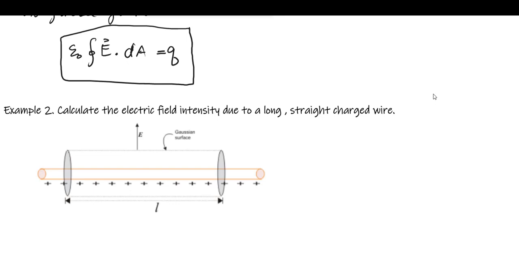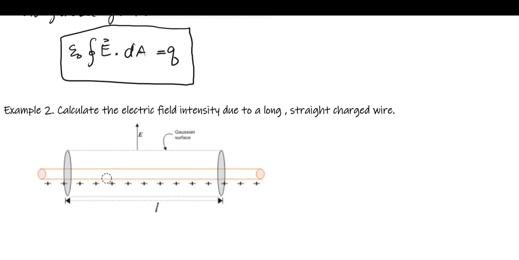For our example number 2, calculate the electric field intensity due to a long straight charged wire. So imagine the wire to consist of a large number of point charges. Obviously, the superposition principle of adding the electric fields due to each charge is not easy.